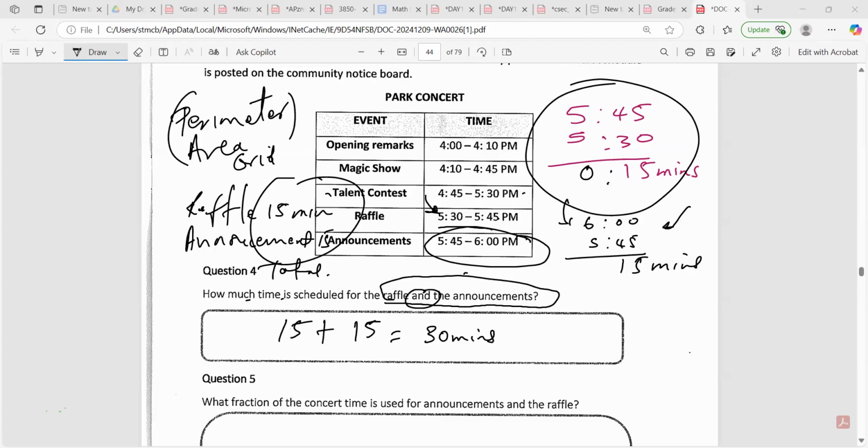So a few persons struggled with the fraction part, but quite a number of persons got it correct. Break down the fraction in its lowest term. All right, somebody seems to be using the chat.